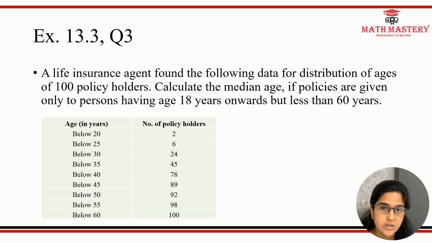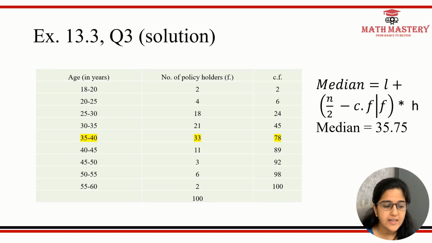This is group data in the form of a frequency distribution. So first we have to find out the class intervals, then the median class interval, and then the median. The only trick in this question is to first find out the class intervals from the less than frequency distribution table. The first class interval will start from 18, because the question mentions that the life insurance has to be given minimum to 18 years of age.